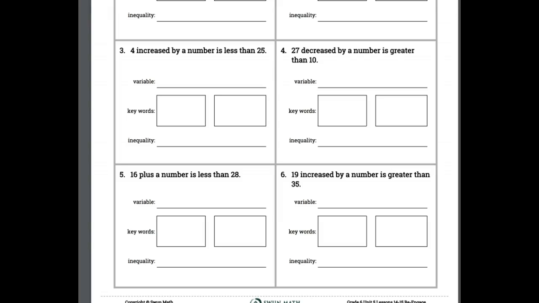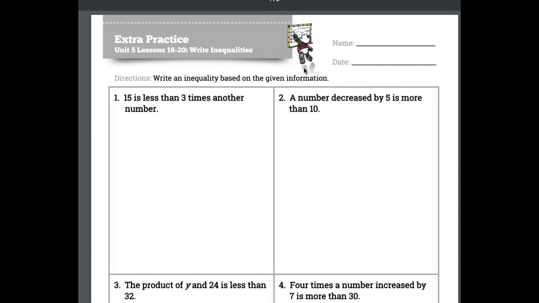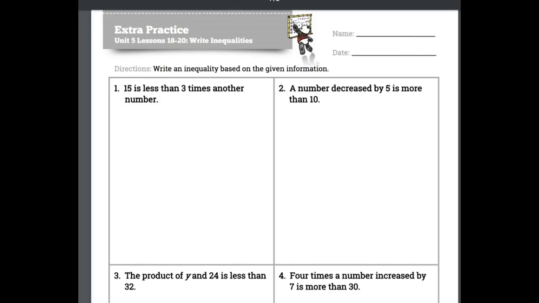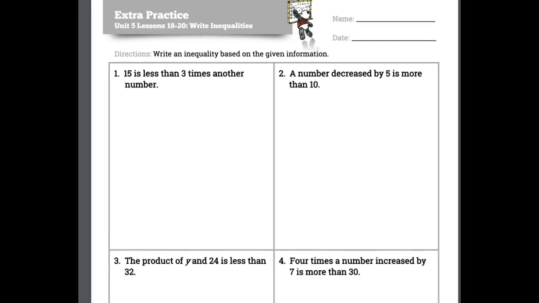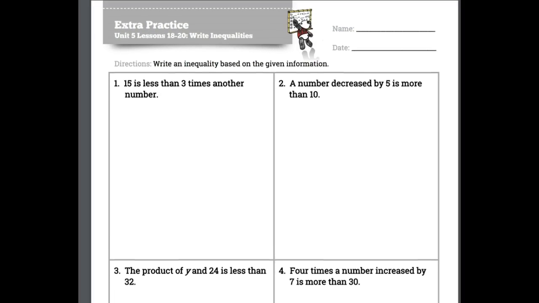We're going to do the same thing. We're going to take a look at the first 2 that we're going to do together. And then I'm going to have you work individually, not collaboratively, individually, with completing the rest of them.